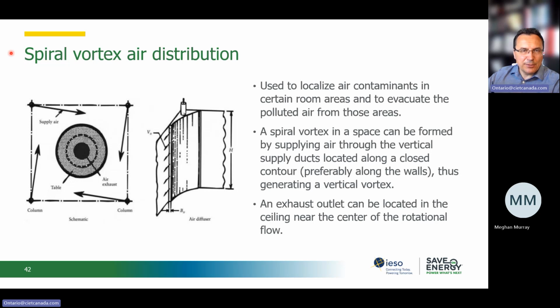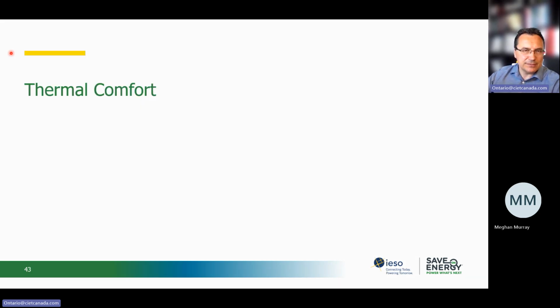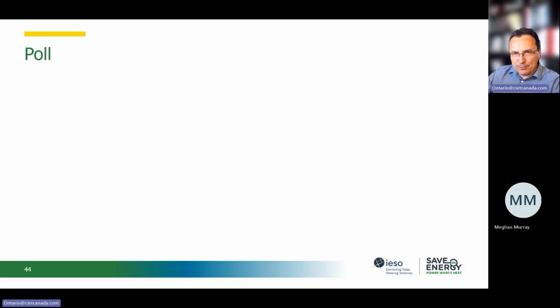I mentioned that thermal comfort is related to indoor air quality. When you talk about thermal, temperature comes to mind, but it's more than just temperature. So I'll go back to the Menti slide here to see what factors impact our occupant thermal comfort.